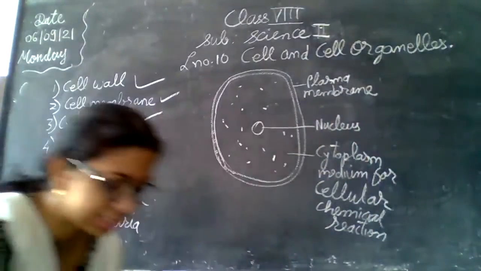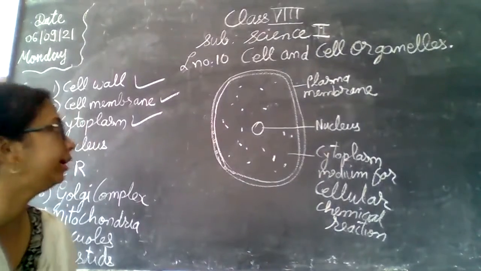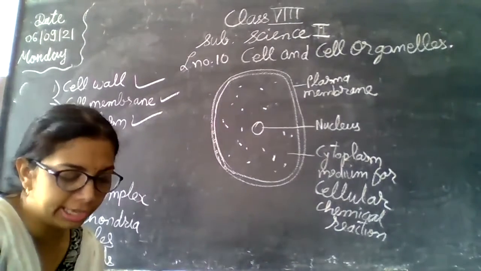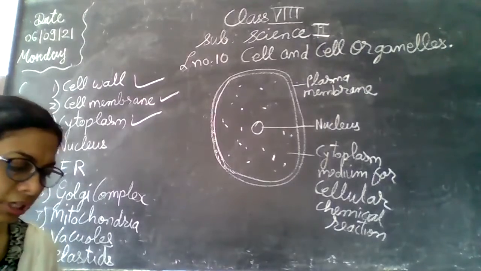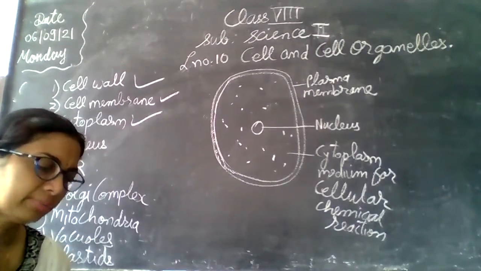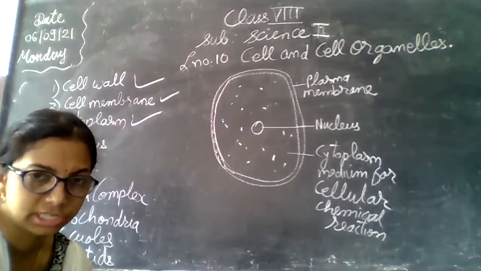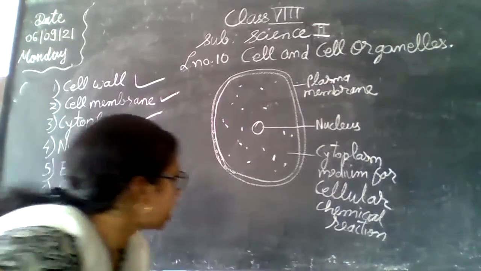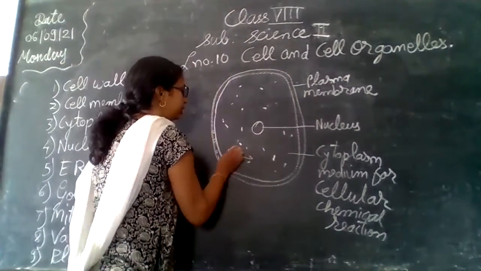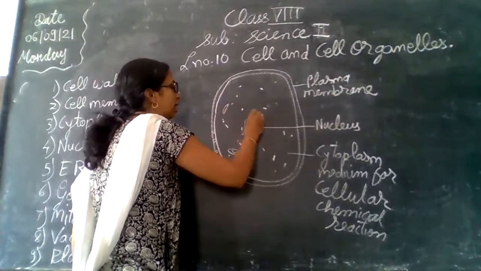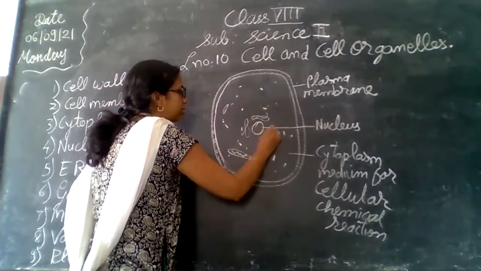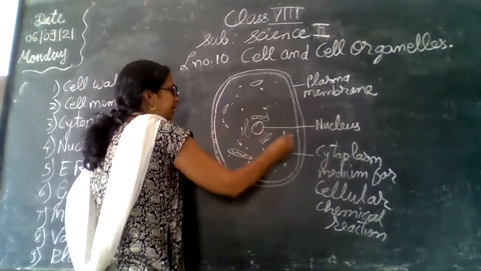So cytoplasm is also a very important part of any cell. Now, the part of cytoplasm other than organelles, where the organelles are suspended, in between could be mitochondria, Golgi apparatus, endoplasmic reticulum, ribosomes. All these are suspended.